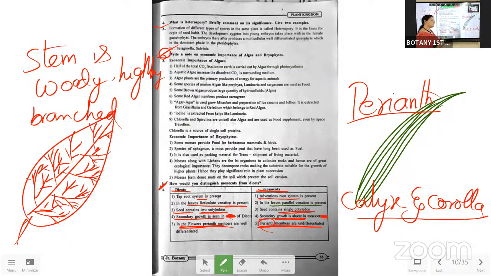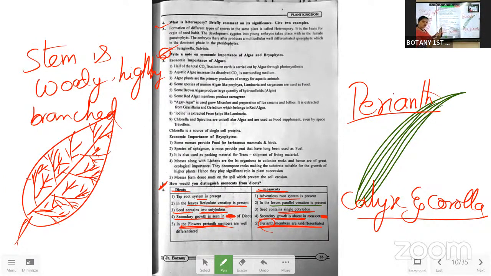If you make it as 2 points: stem is woody, and in the monocots stem is green in color, not woody. Stem is highly branched, aerial, erect, and in the monocots, stem is not highly branched. That means a branched or unbranched stem can be seen, and it's not woody or straight. It is tender, a weak stem, that can be seen in the monocots. That's what we have said.